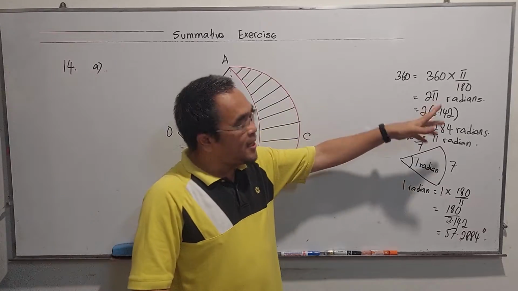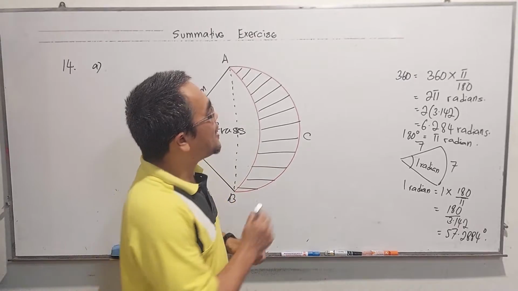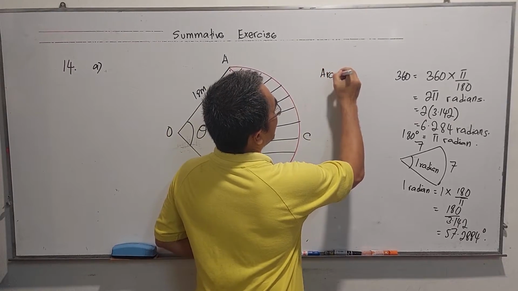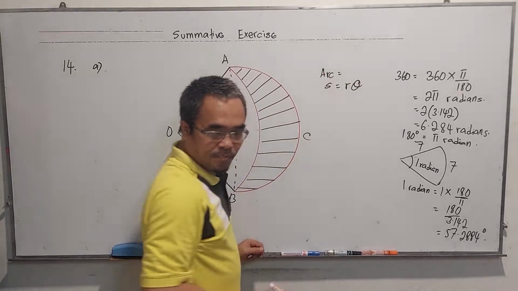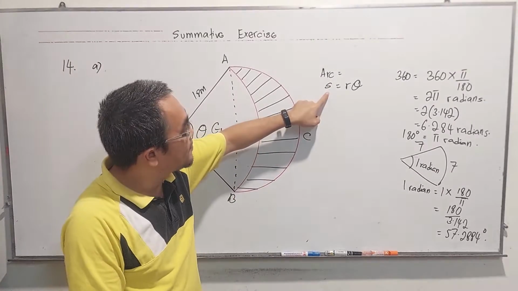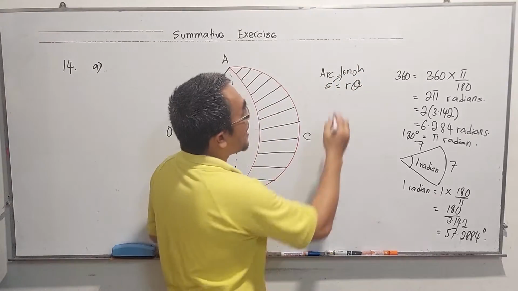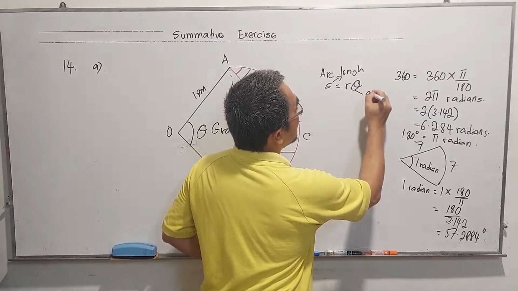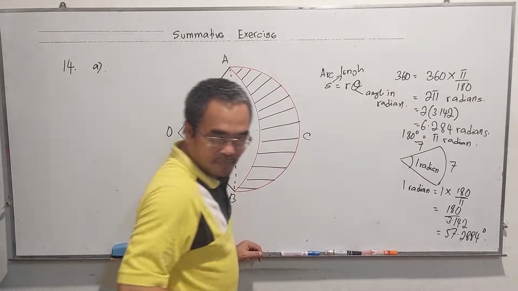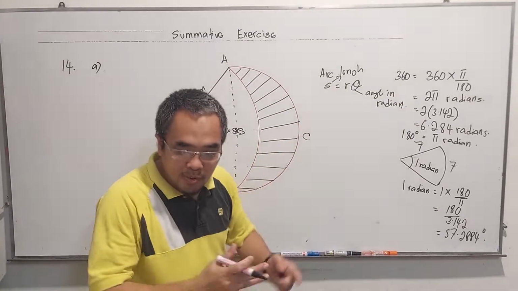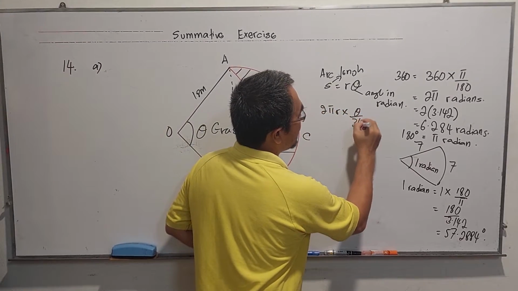Whenever we are using angle in radian, there are two extra formulas. Arc length: we use S equal to R theta, where S is the length of arc, R is the radius, and theta is the angle in radian. Can we use 2 pi r times theta over 360?